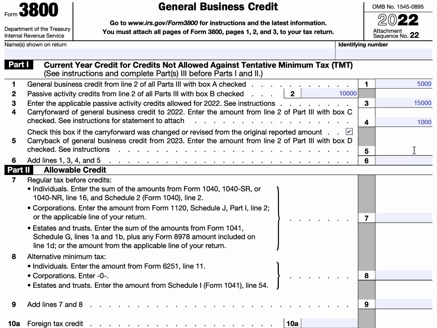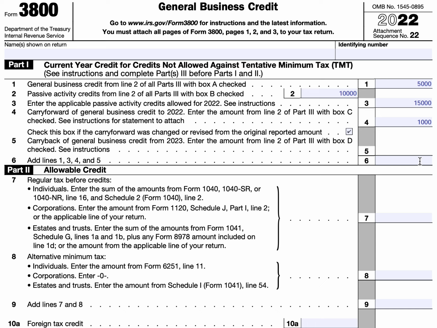And then if you're carrying back general business credits from a future tax year, in this form it says 2023, then you would enter the amount from line 2 of part 3 with box D checked. Obviously, if you're completing this for tax year 2022, you're not going to be including any carrybacks of a general business credit from a future tax year that hasn't even completed yet. And then on line 6, you're going to add all of the lines 1, 3, 4, and 5.